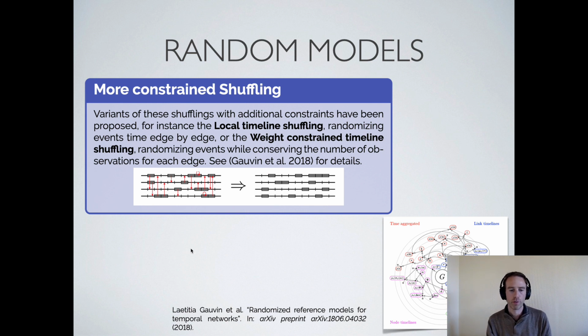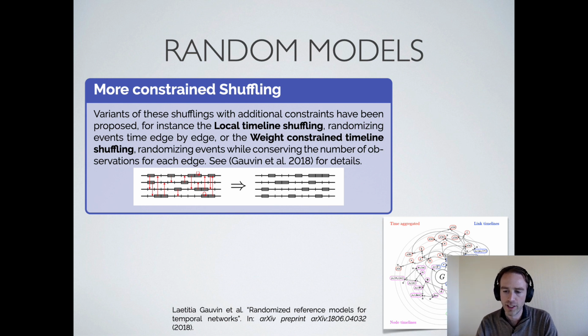In the paper I introduced other methods, like local time shuffling and weight constraint time shuffling, so you can check these examples. And in the paper they even define a categorization of the relations between all these different types of shuffling.